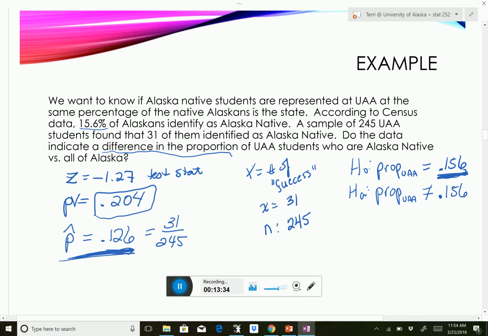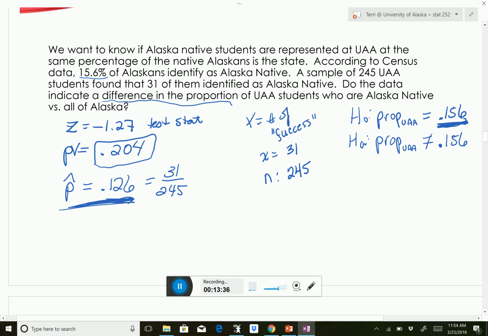Well, we have a p-value of 0.2, so what would we do? You should be saying to your computer right now, do not reject.